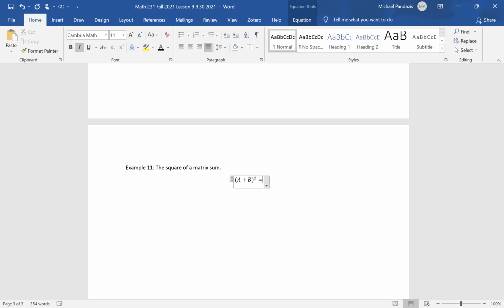Oh, sorry, let me do the math. A plus B squared is A plus B times A plus B. And so if you FOIL it out, you get A times A, which is A squared. You get plus BA, because it's B times A there. You get plus AB, because you have the A in the first parentheses times the B in the second one, plus B squared. See that?